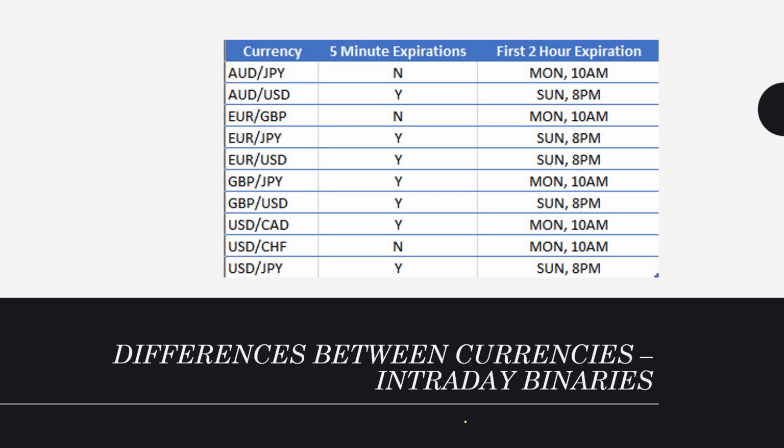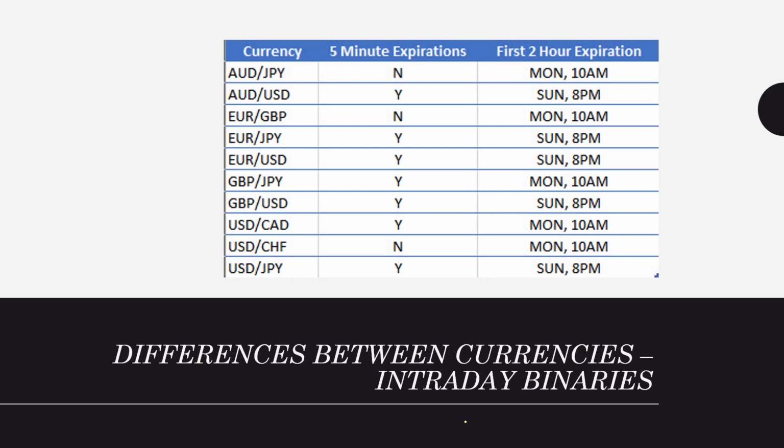What are the differences between the currencies for intraday binaries? Number one, you do have 5-minute expirations on a lot of the currencies. For example, the Aussie dollar, the euro yen, euro dollar, the British pound yen, the British pound dollar, the USD CAD, and the USD JPY all have 5-minute binary options. All of the others have 2-hour expirations. The only difference is when that 2-hour binary becomes available.